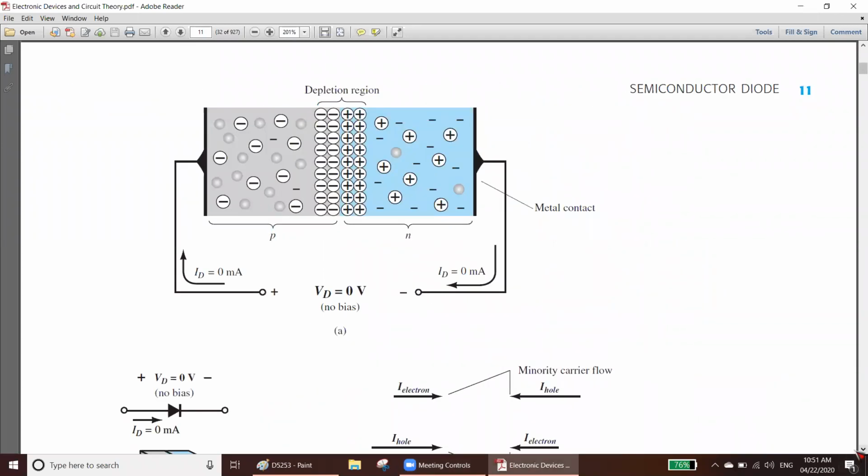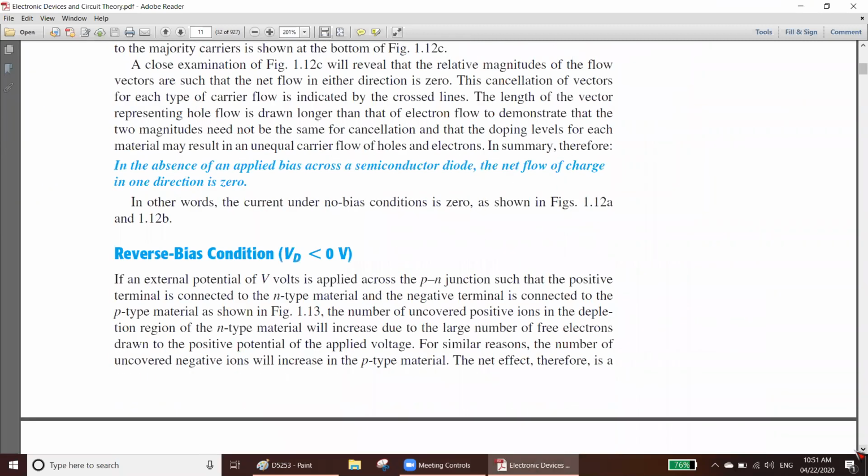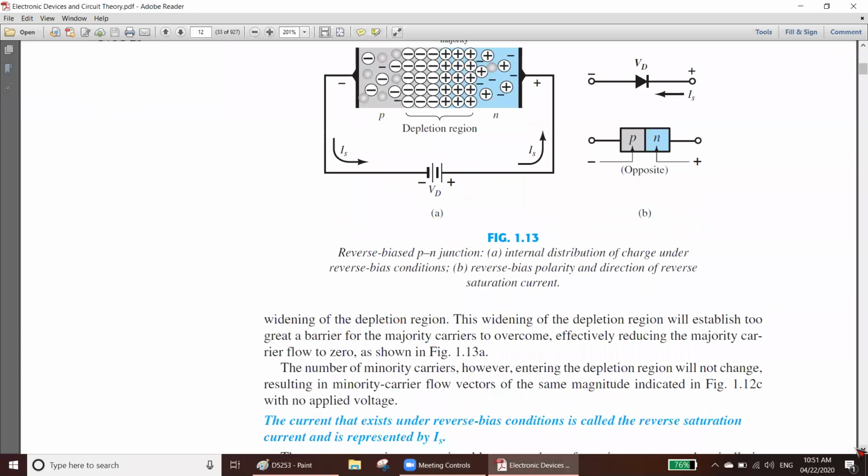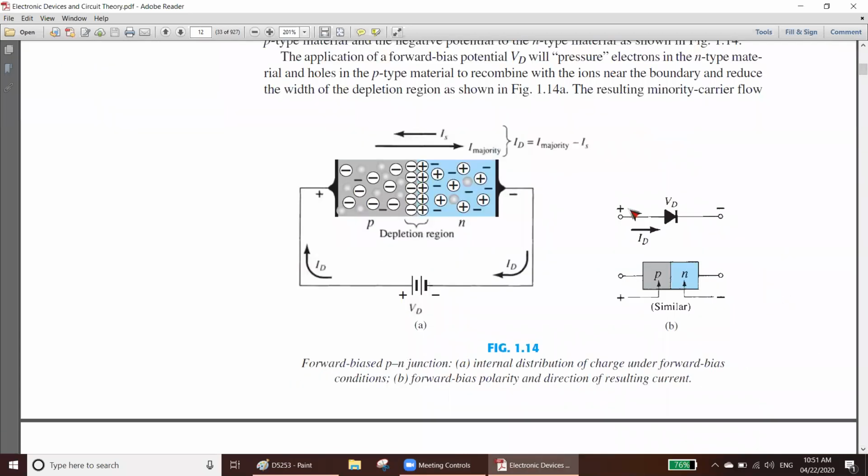When this is forward biased, the current will go from this point to this point.